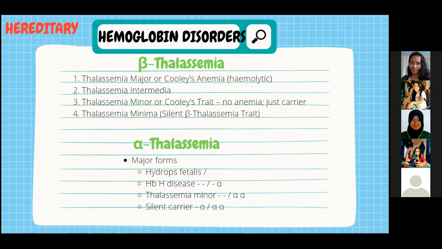So when you say silent carrier, you are only a carrier. You do not experience symptoms or signs that you have alpha thalassemia, but you can pass it to, for example, your children. Next.